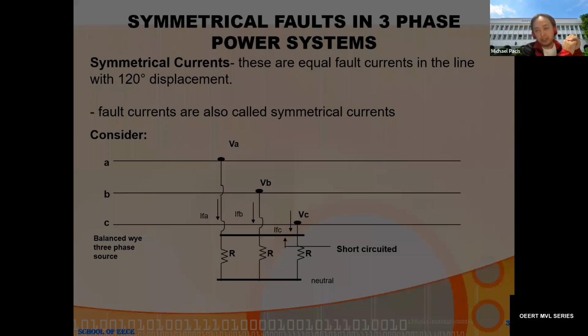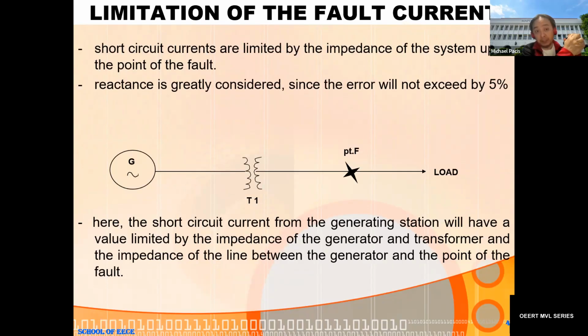Now, the short circuit current can be limited by the impedances of the system up to the fault point, which means if you have your single line diagram, you can use the per unit equivalent circuit that we have discussed in the asynchronous lecture, and then we can have this scenario.